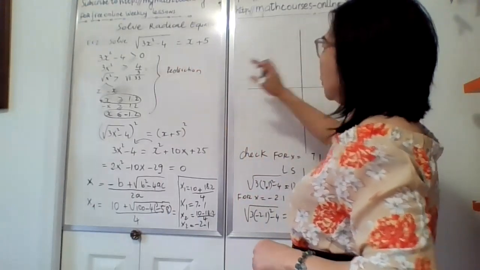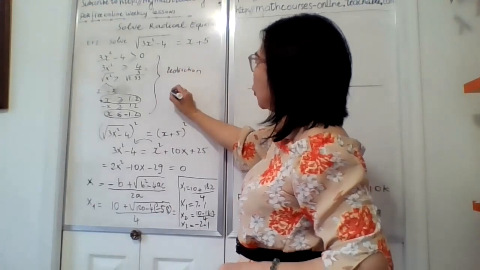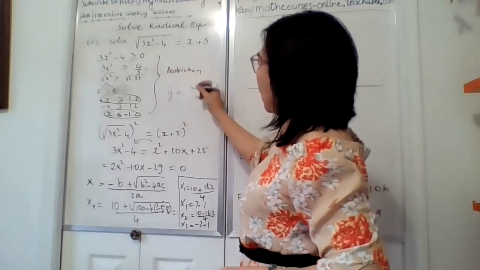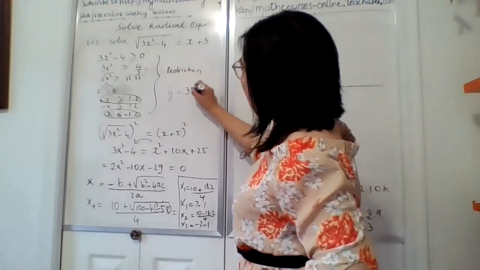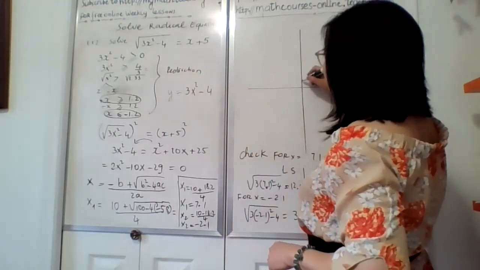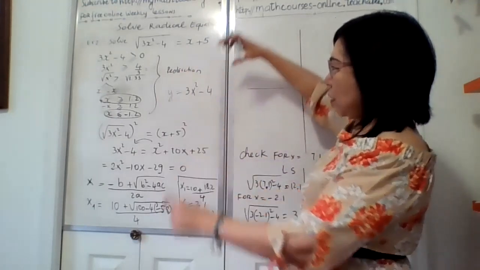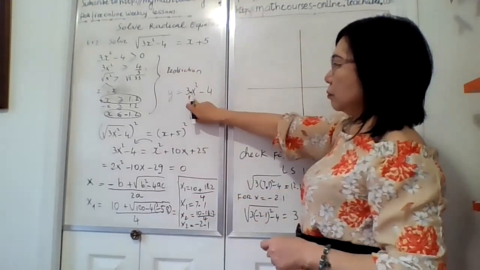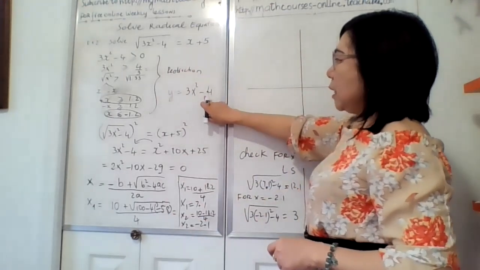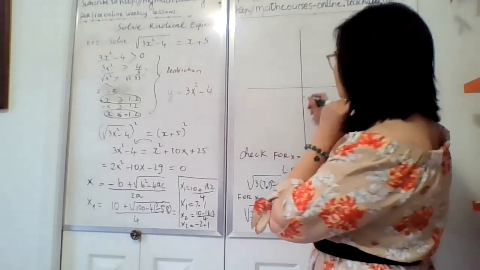Remember the hint: we assume y equals our quadratic function, and this is how it looks. It will be a skinny one because you stretch y vertically by a factor of 3, and you move the origin down by 4 units.